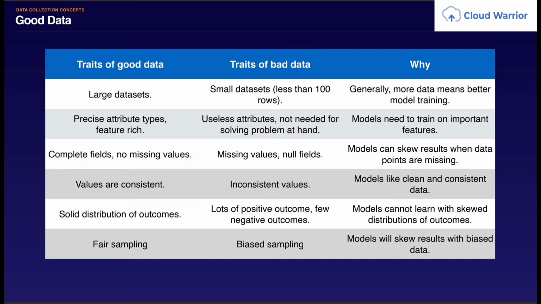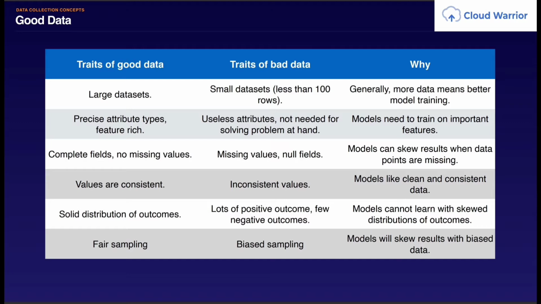We need to have enough data points that describe our data so our machine learning algorithm can infer some important information about that data. So, traits of good data would be large data sets, and this is because more data usually means better model training. Next, within that data, we hope that we have precise attribute types that are feature rich.